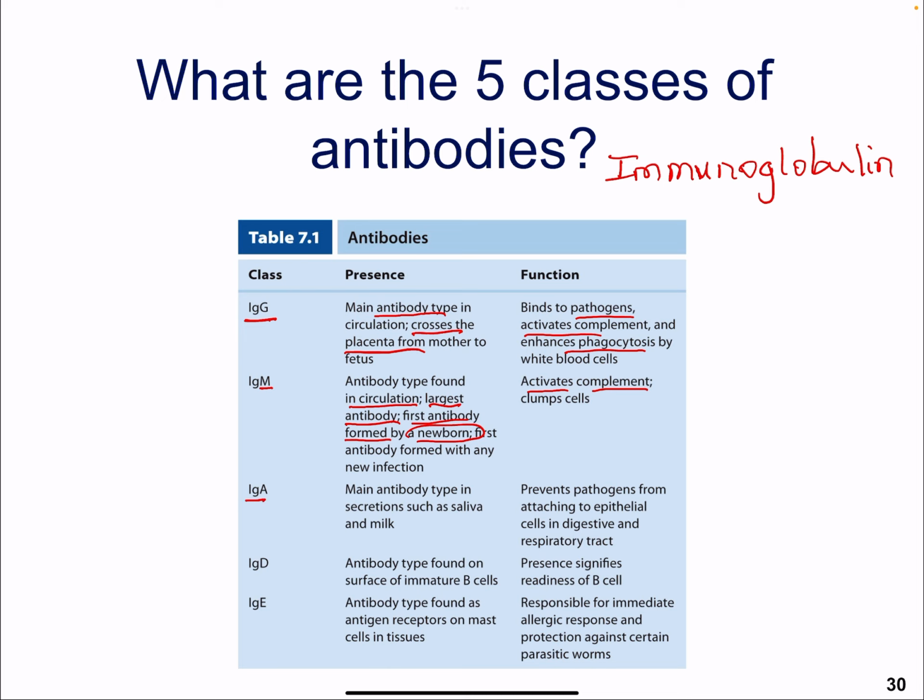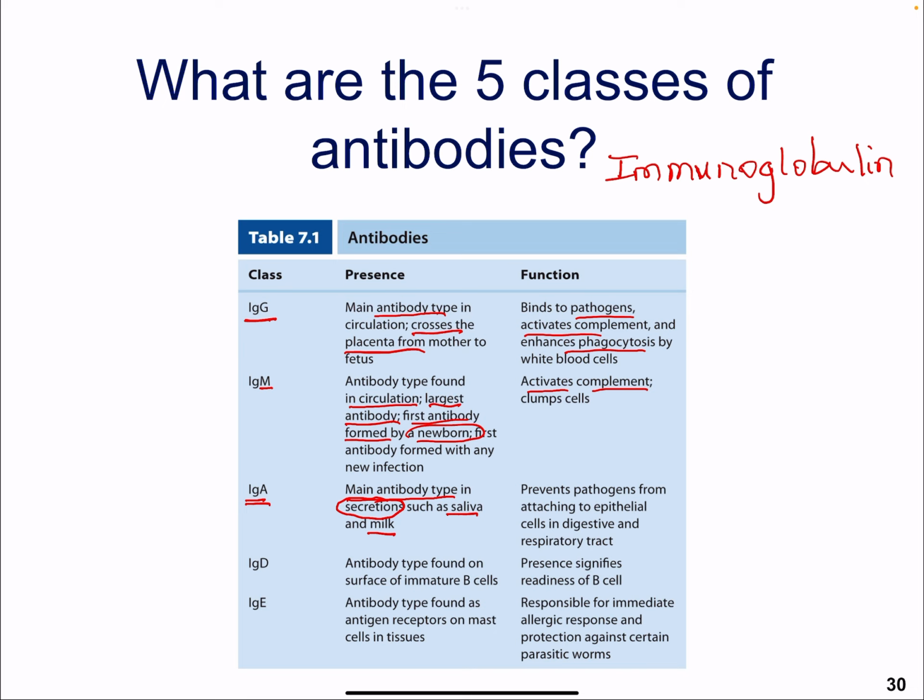Next class, the IgAs. Immunoglobulin A, they are found in large amount in the body, okay? But specifically in terms of secretion, so you're going to find them in mucous membranes. You're going to find them in the saliva. You're going to find them in the milk, so that a baby who is breastfeeding is going to benefit from a certain protection from these IgAs, right?